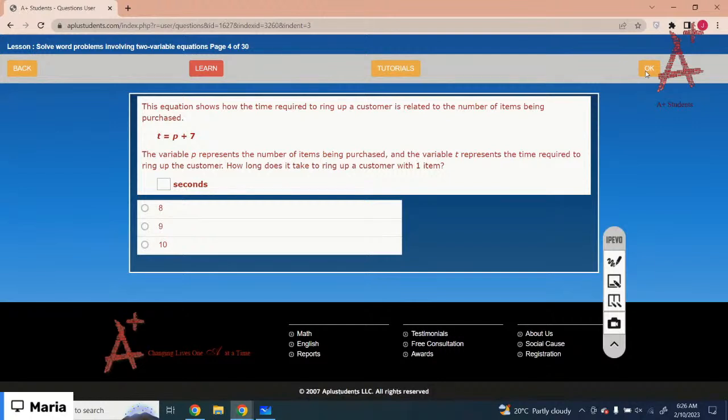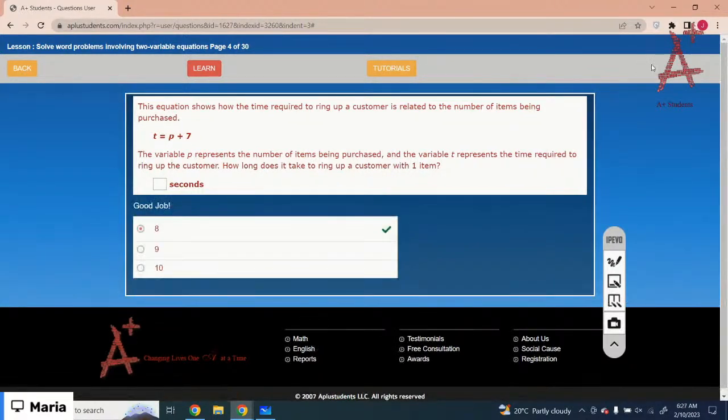So just replace the P with the value, that is 1. So 7 plus 1 equals 8. Got it? That means 8 seconds to ring up a customer with one item. So the correct option is 8. Just select the correct option, then click on the OK button.